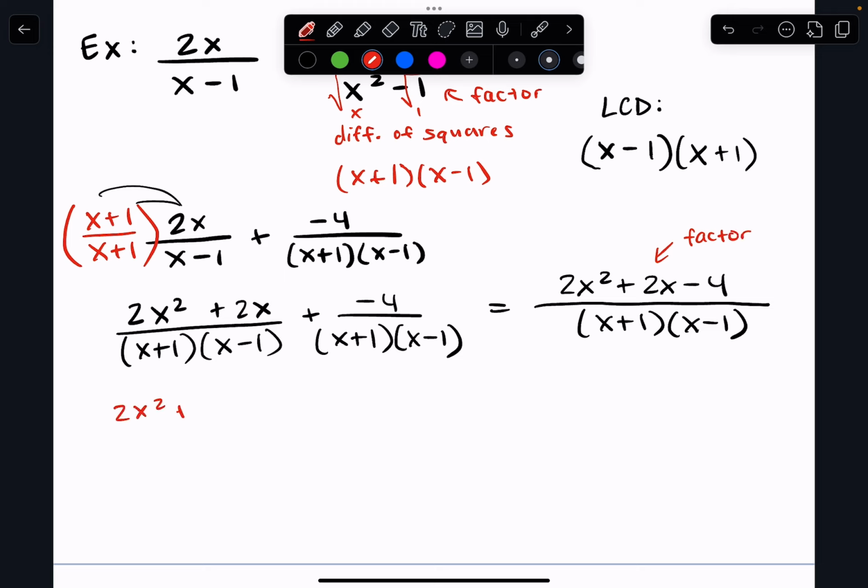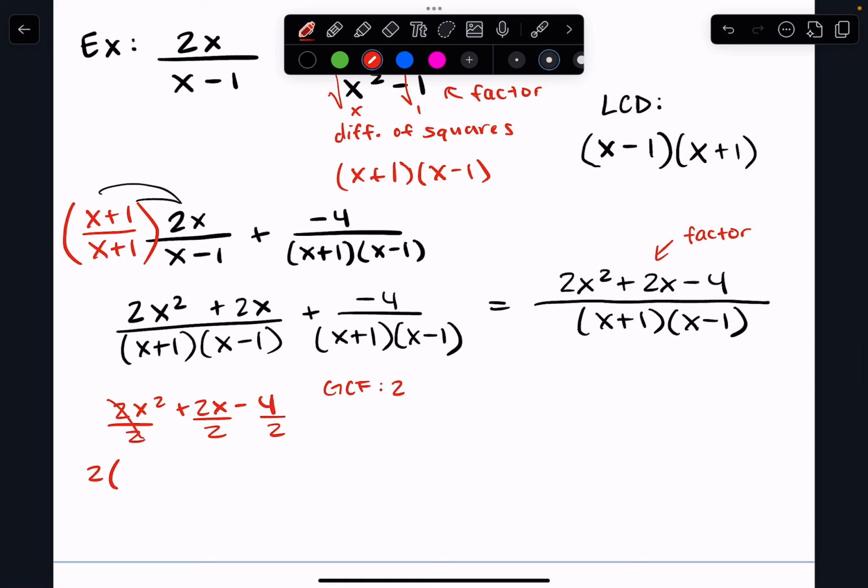So 2x squared plus 2x minus 4. I know I can take out a GCF of 2. When I do that, I'm essentially dividing each term by 2 so I can get that GCF out. So what's left over is x squared plus x minus 2.